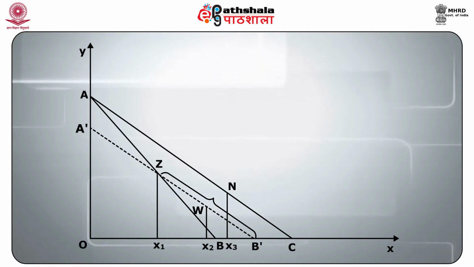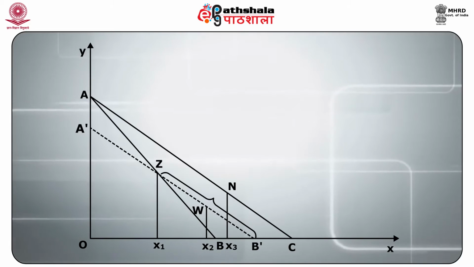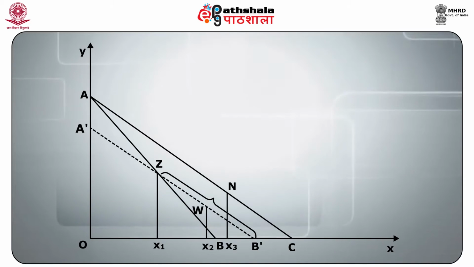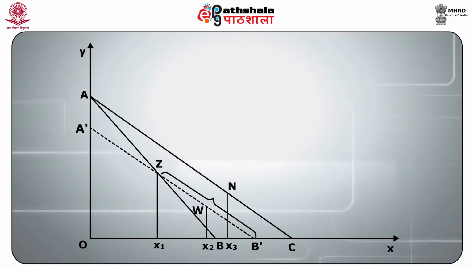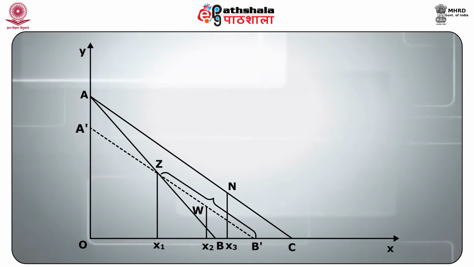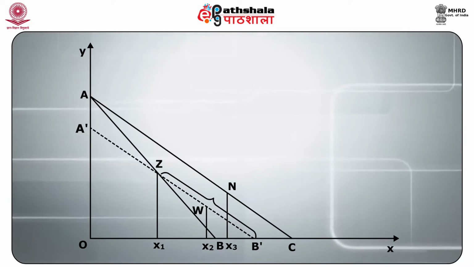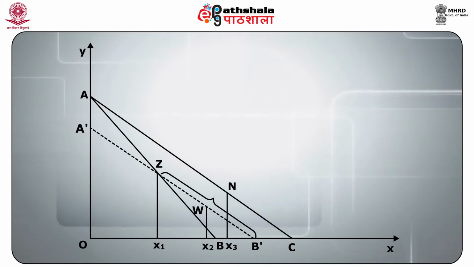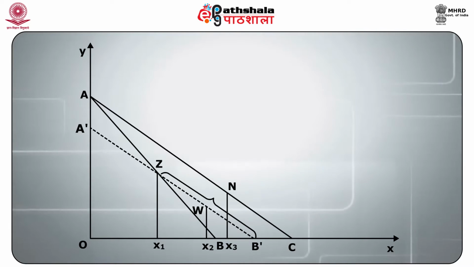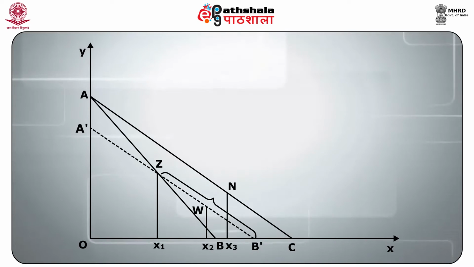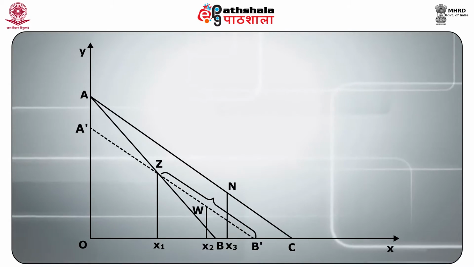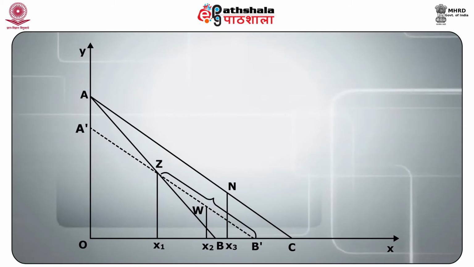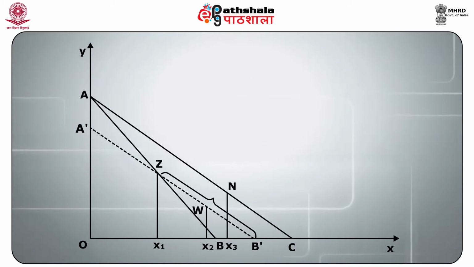However, if we reduce the income, which would otherwise have been more in real terms due to the reduction in the price of X, so that the consumer is just able to retain the budget line A prime, B prime, then the demand could be anywhere to the right of Z, but for instance at W it would be X2.